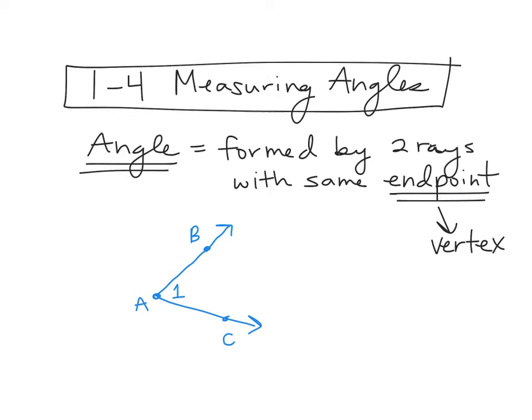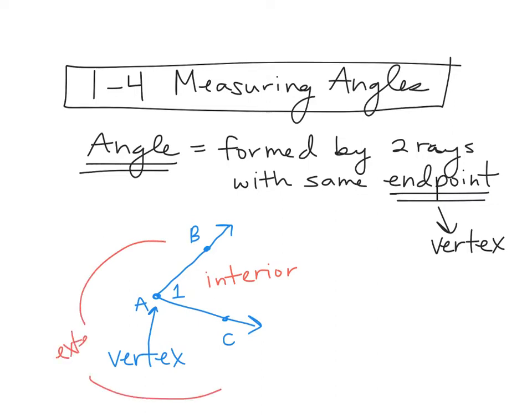Point A. So point A, this point here, is called our vertex. We would say this is the interior of the angle, in other words, inside the angle. And then all of this space out here is called the exterior of the angle, in other words, outside of the angle.